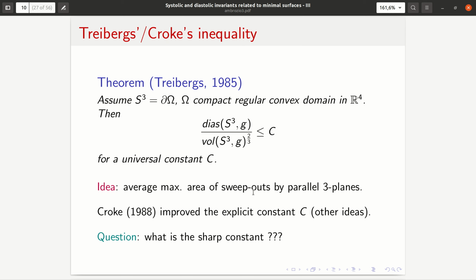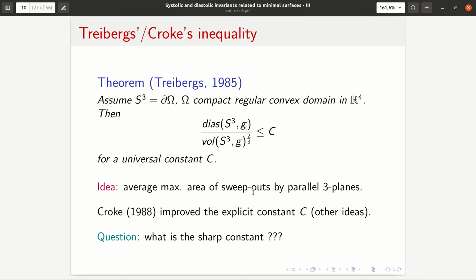One thing that is known is that the sharp constant is not the constant that you get by plugging in the canonical metric. It is known that there are other shapes that have bigger normalized diastoles. Anyway, this is the open question that Treibergs' theorem leaves.